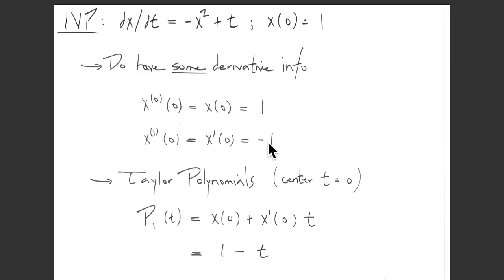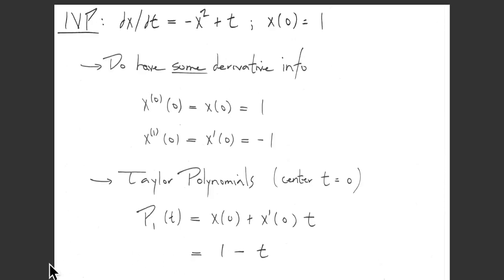So just using that alone, we can form a Taylor polynomial for the solution centered at t equals 0. It would have to be just the first degree Taylor polynomial. So that would be x of 0 plus x prime of 0 times t. And using what we know, we see that this is that first degree Taylor polynomial for our solution centered at t equals 0.